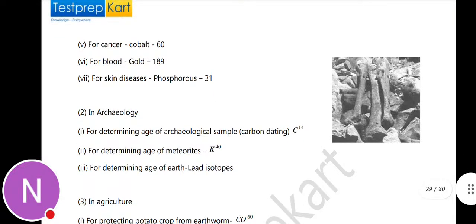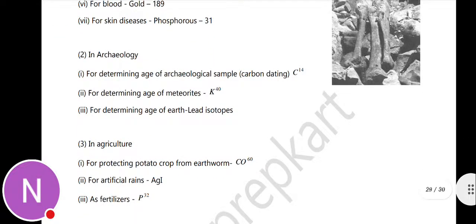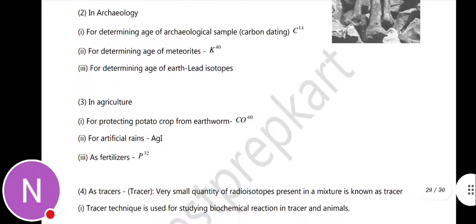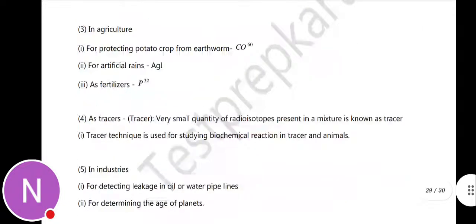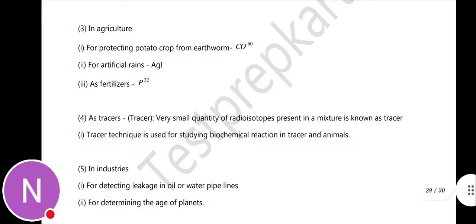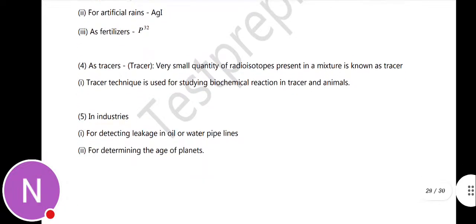In archaeology: carbon dating with C14 for determining the age of archaeological samples, K40 for the age of meteorites, and lead isotopes for the age of the earth. In agriculture: Co60 for protecting potato crops from earthworms, AgI for artificial rain, and P32 for fertilizers.